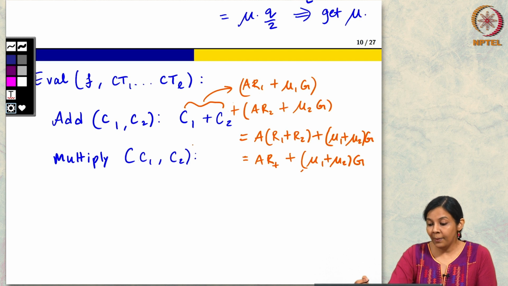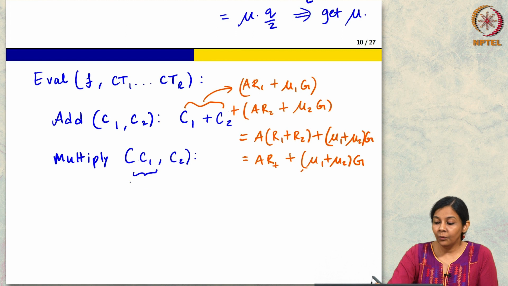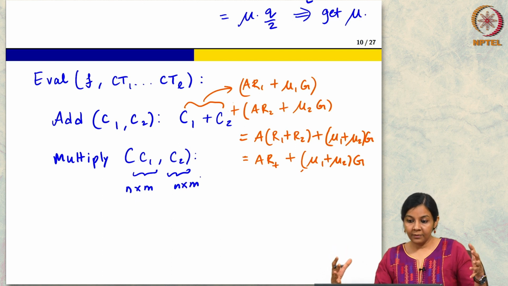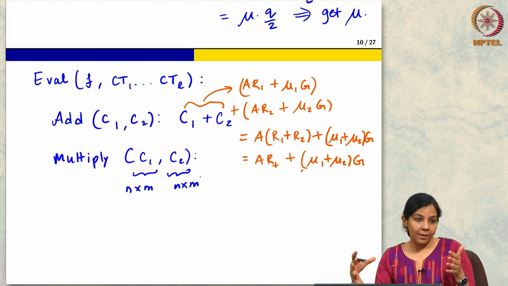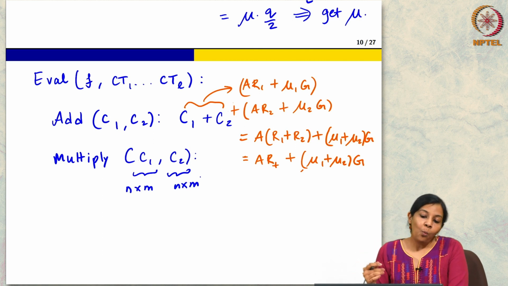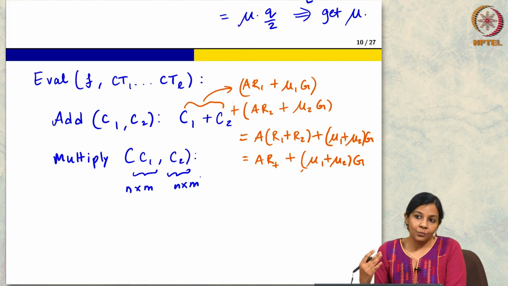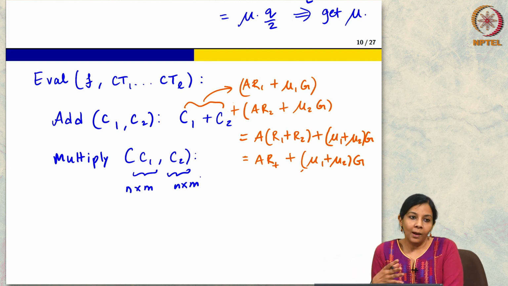To multiply C1 and C2, a first thing to observe is that C1 and C2 are not square matrices. They are fat matrices, n by m. So, what would be my dream way of multiplying these two ciphertexts? I would love to just multiply them as matrices.